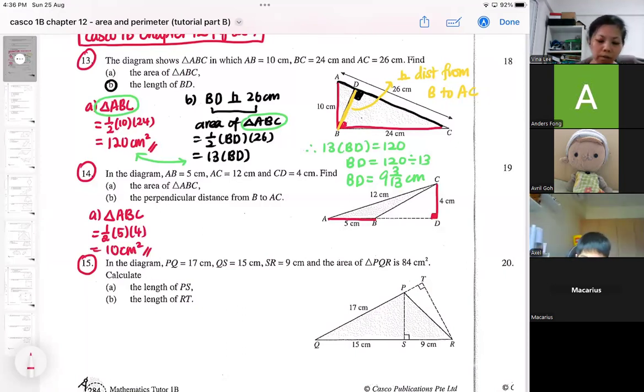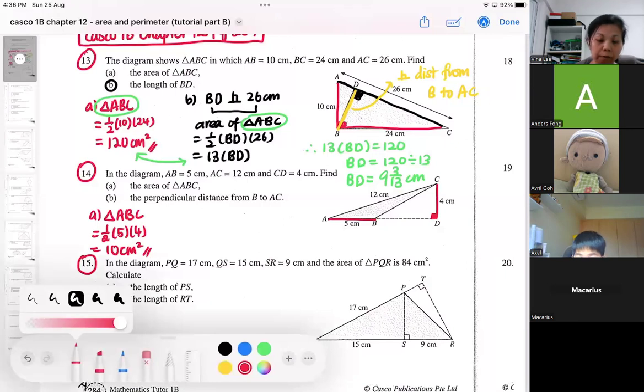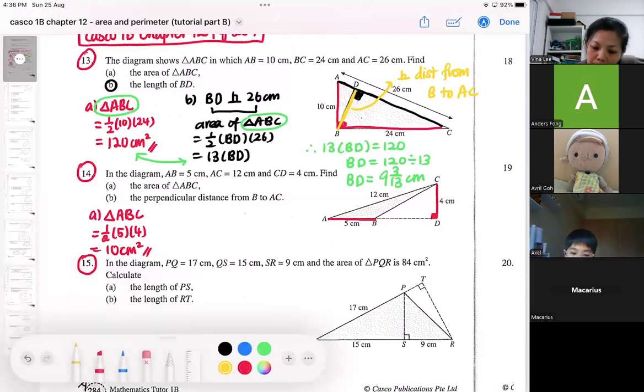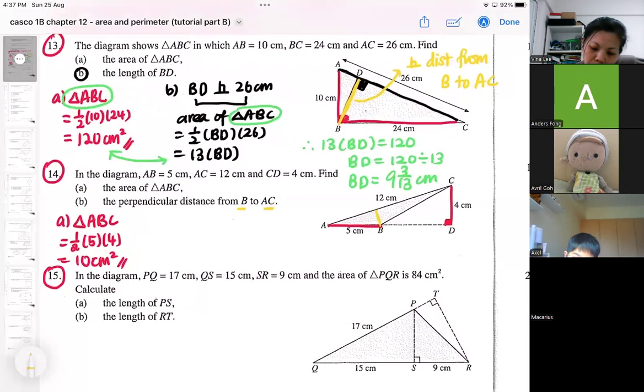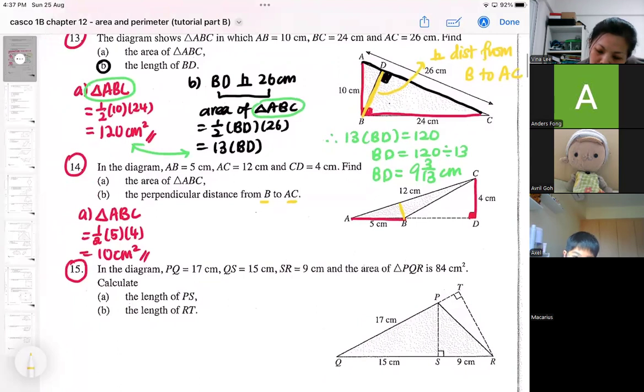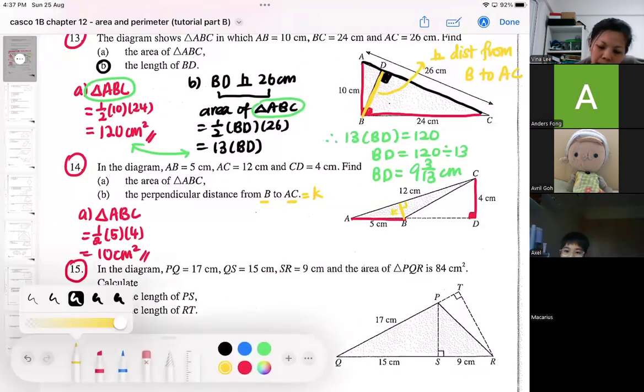Okay, the next one, you realize that they talk about the phrasing here, the perpendicular from B to AC. So some of you may not even know where it is. This is the B to AC, and I'm going to call it K. Maybe I should make it darker.